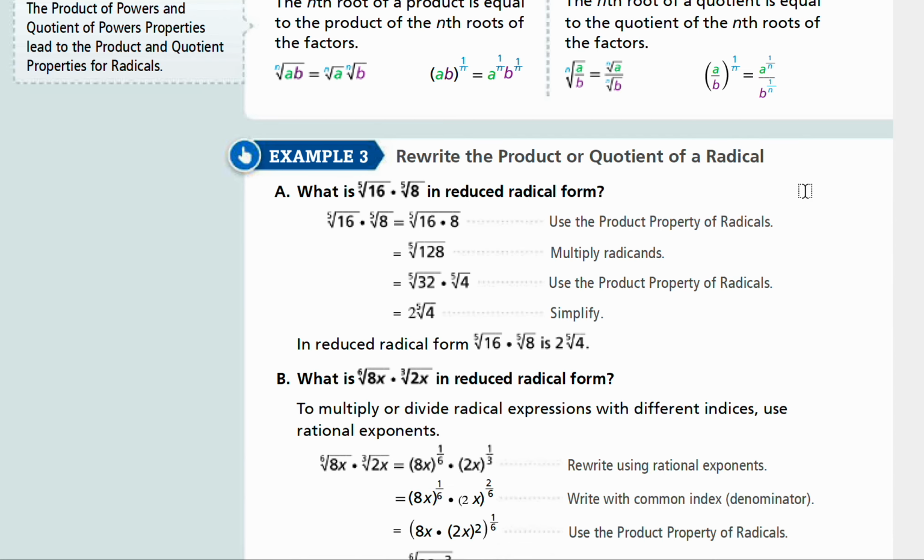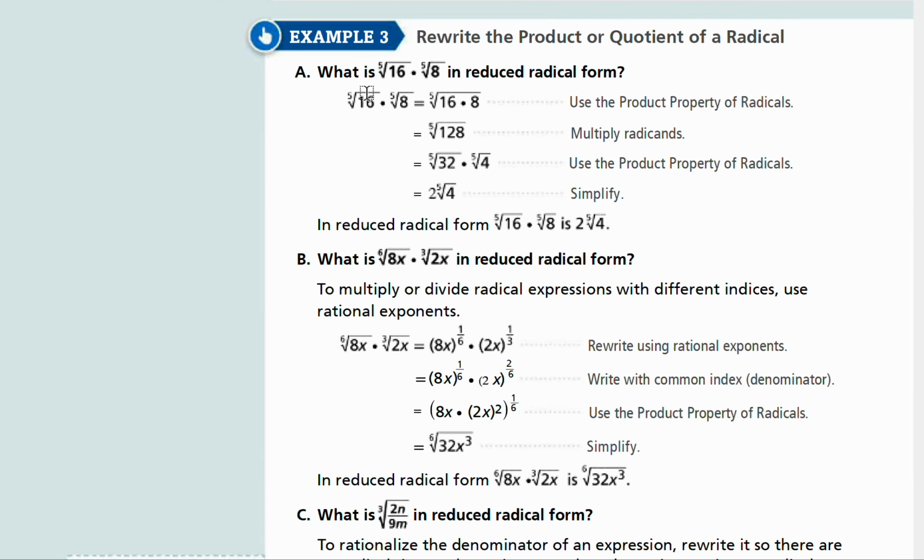Rewrite the product or quotient of a radical. So for example, what is 5th root of 16 times 5th root of 8 in reduced radical form? So using the properties, we're going to simplify and reduce and write it as a radical form. So since we have the same root, it's like having the same power, right? Because that's basically 16 to the power of 1 over 5, 8 to the power of 1 over 5.